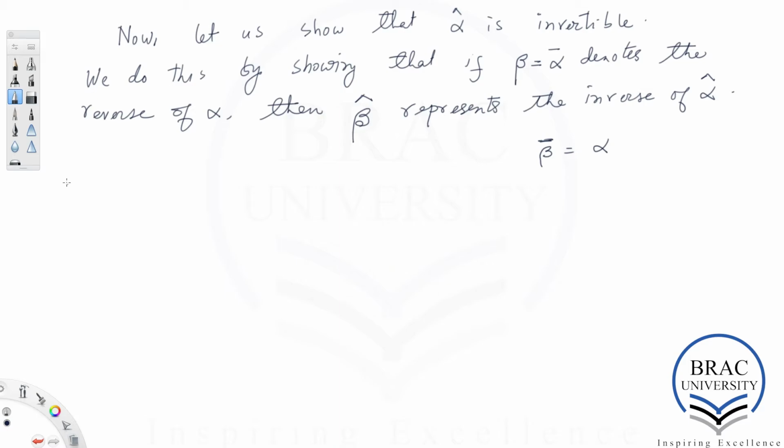Okay, so let H be an element of the fundamental group of X with reference to this base point x1, that is, H is a loop based at x1.